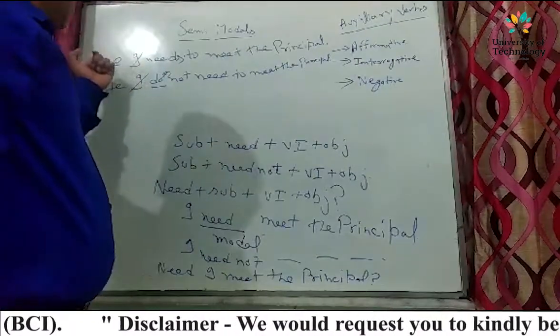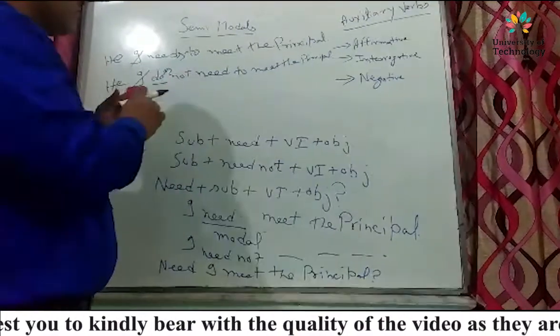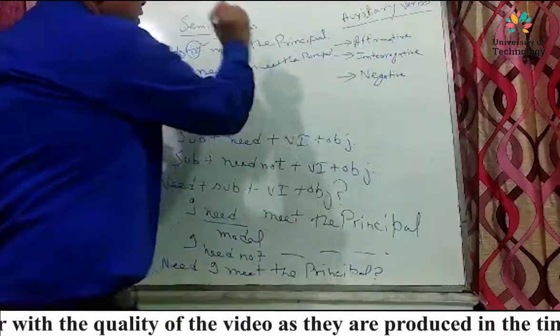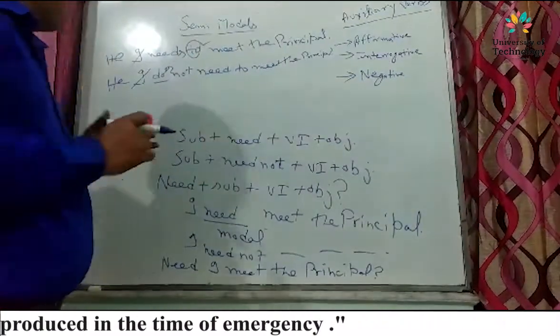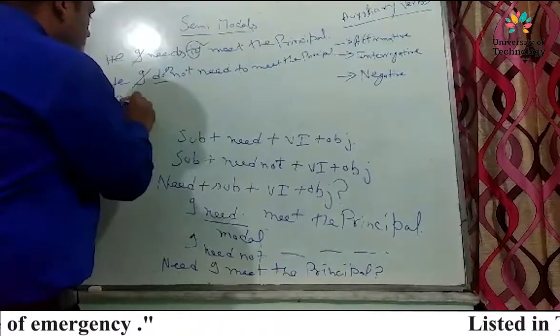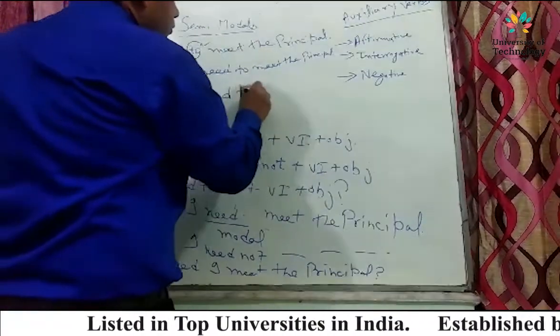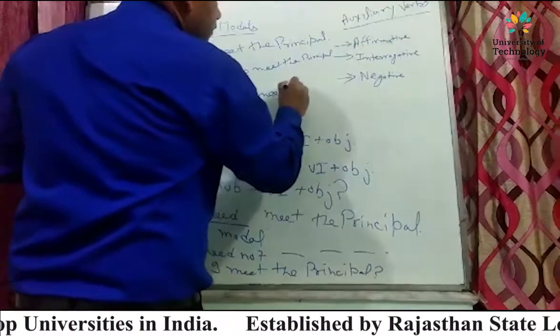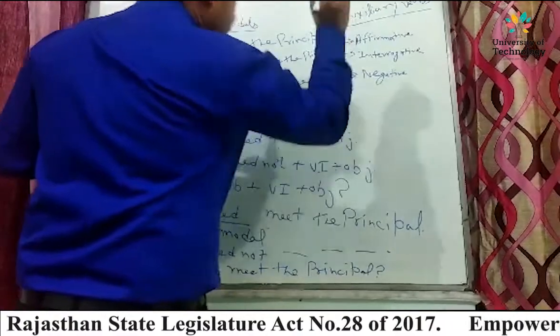As a verb, he needs to meet the principal. How to attach two verbs? With the help of the preposition to. He does not need to meet the principal, or interrogative, does he need to meet the principal, right?